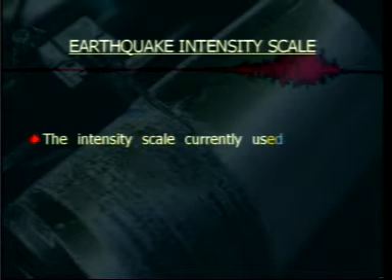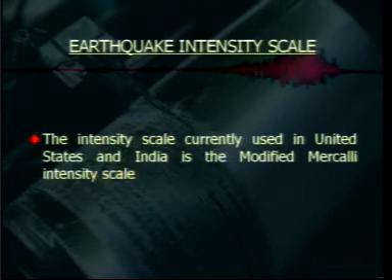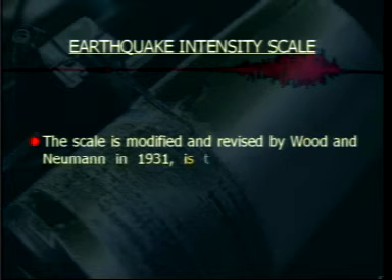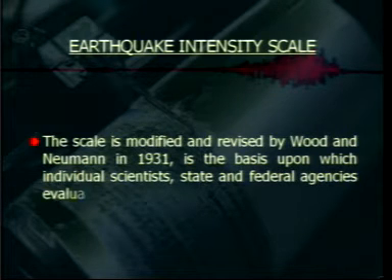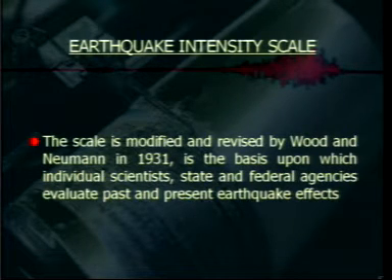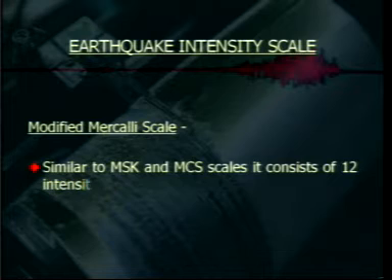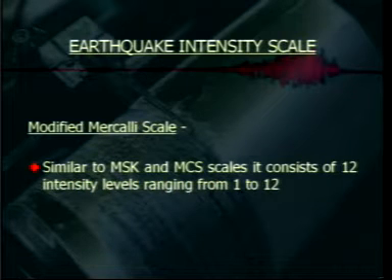The intensity scale currently used in the United States and India is the modified Mercalli intensity scale. The scale, as modified and revised by Wood and Newman in 1931, is the basis upon which individual scientists, state and federal agencies evaluate past and present earthquake effects. Similar to the MSK and MCS scales, it consists of 12 intensity levels ranging from 1 to 12.